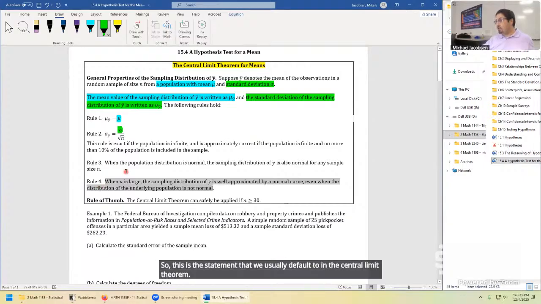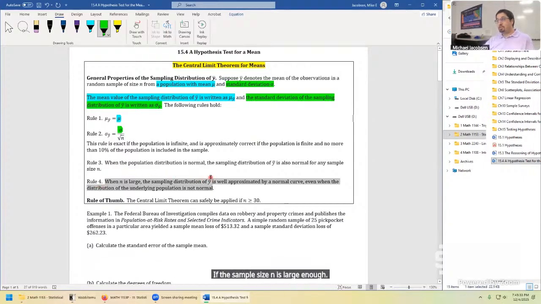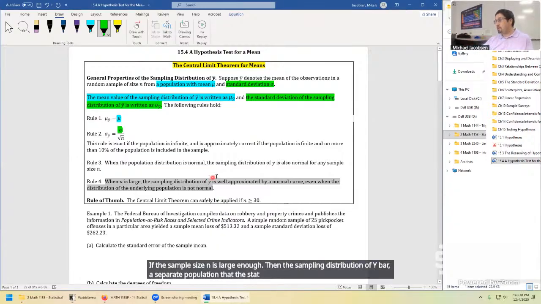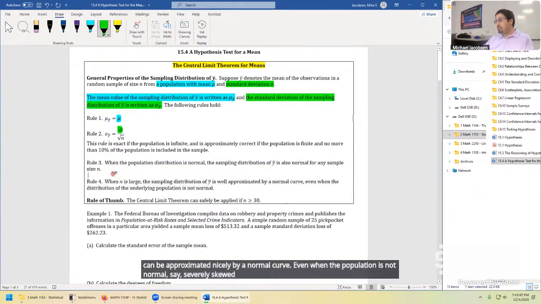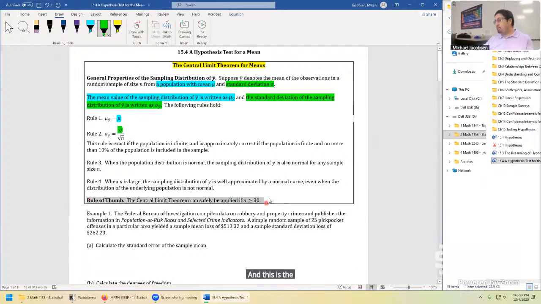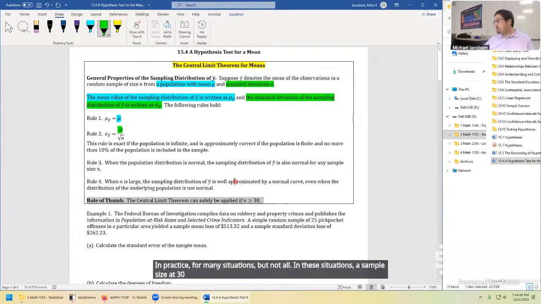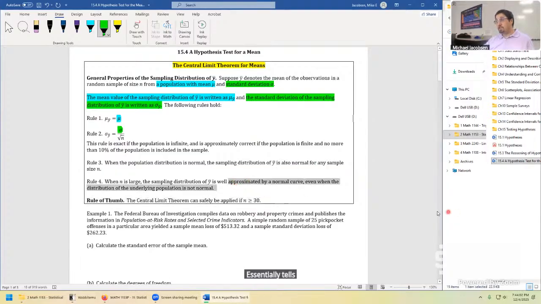If the sample size n is large enough, then the sampling distribution of y bar can be approximated nicely by a normal curve, even when the population is not normal, say severely skewed. You just need a large enough sample size n. And this is the extremely blunt rule of thumb we mentioned before. In practice, for many situations, but not all, a sample size of 30 or higher essentially tells us this approximation is a good one.